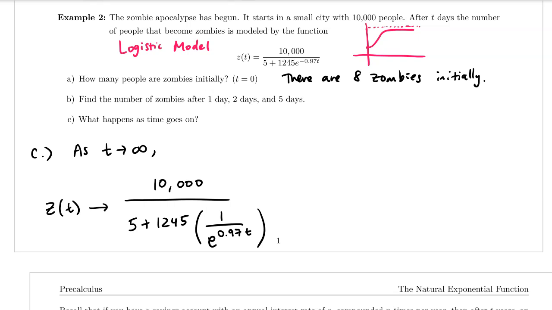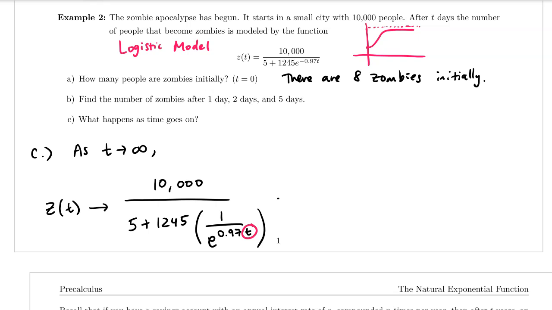So I have this fraction inside the parentheses, and t is getting very, very large. Notice that the numerator of this fraction is 1, and that's going to stay constant. So e to some really, really large exponent is going to be a super huge number. And 1 divided by a super huge number is essentially going off to 0.